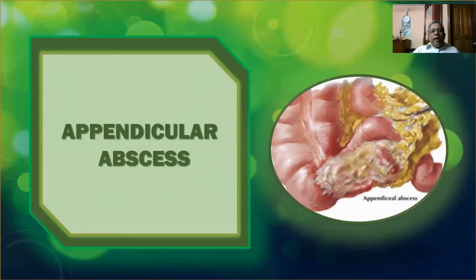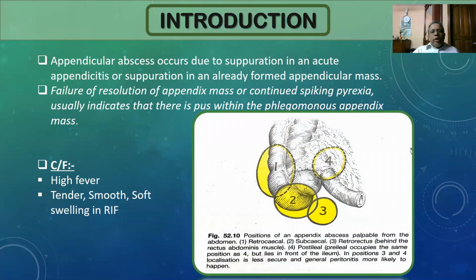What about the appendicular abscess? When the appendicular mass is not resolved, or the patient presents late without receiving any treatment, the patient presents with an appendicular abscess. It occurs due to suppuration in acute appendicitis or suppuration in an already formed appendicular mass.